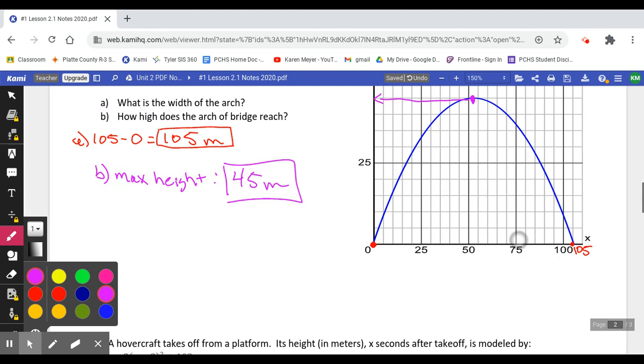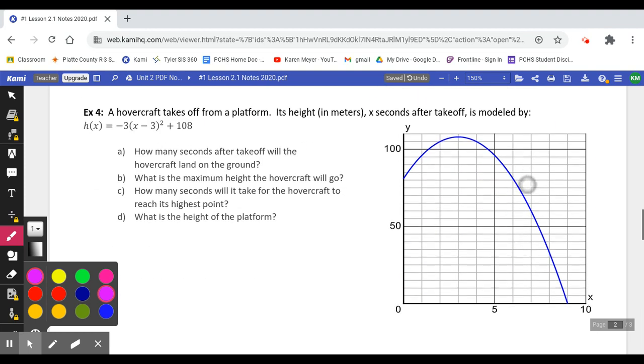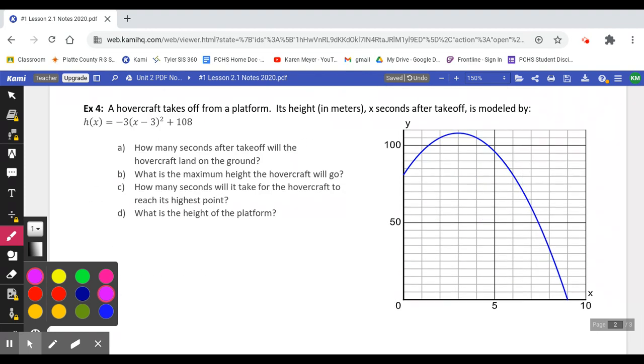Okay. Let's try one more word problem. On this one, we've got a hovercraft. They give you the equation, and they tell you the height is in meters, and the x-axis is in seconds. So part A, how many seconds after takeoff will the hovercraft land on the ground?